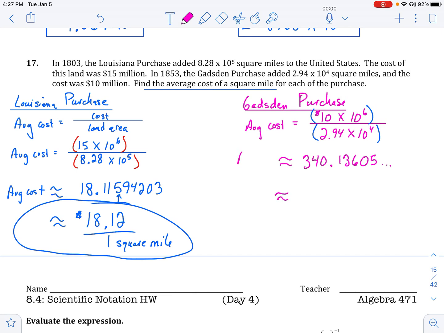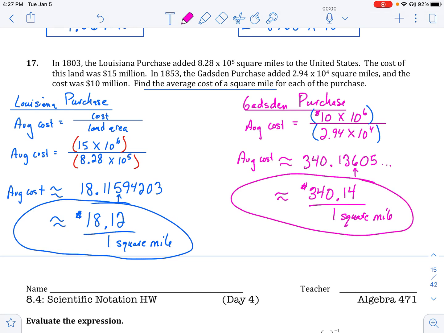So this is giving us an average cost of, again, we're going to round to 2 decimal places for American money. 0.136 will round up to be 0.14. So that's $340.14 per 1 square mile.